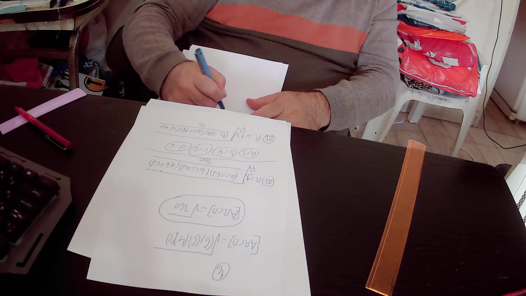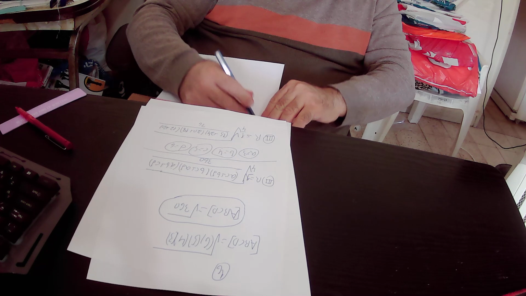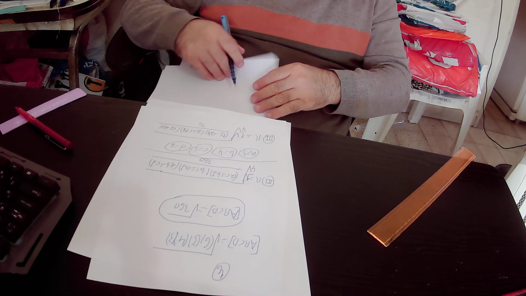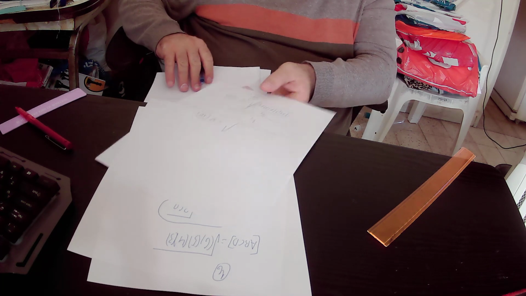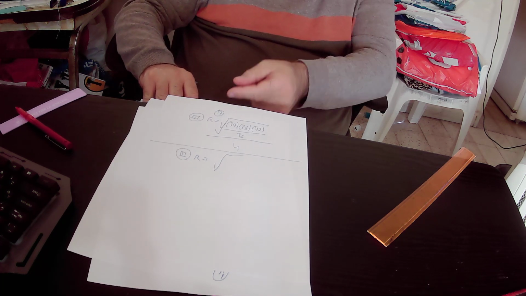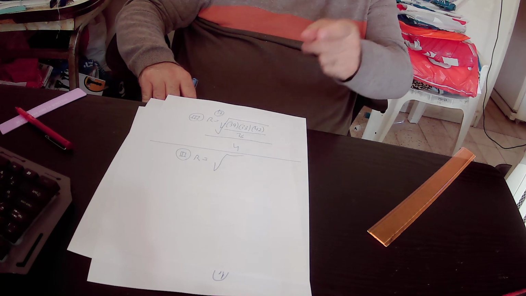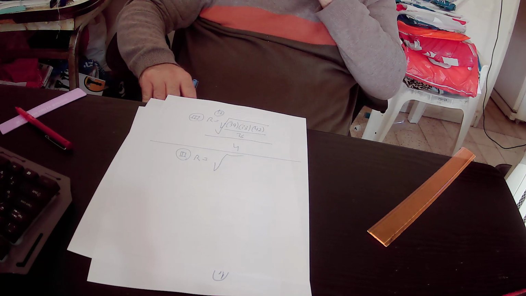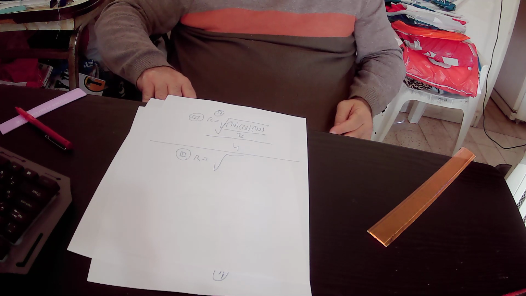So the radius of the circle equals the root of 39 times 38 times 42 over 36, all divided by 4.